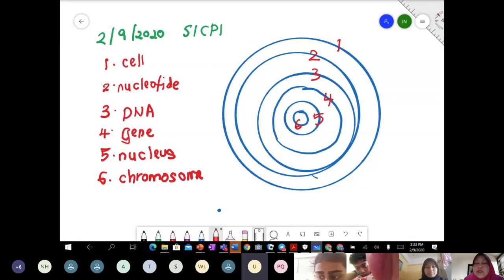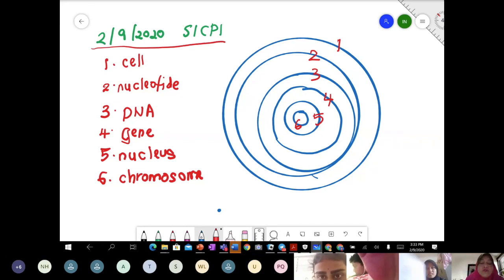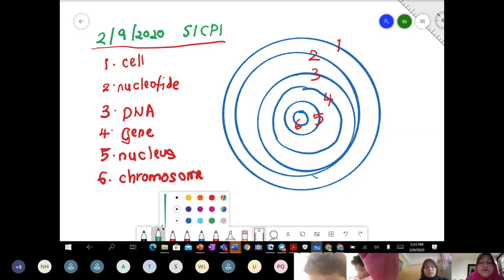Descending in mathematics means from bigger to small, right? So which one do you think? Nucleus. Yes, okay. So number one will start with nucleus. Next. Chromosome.